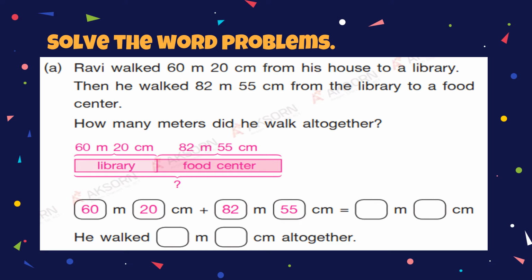We're going to add the centimeters first. The centimeters that we have is 75 centimeters. Now we're going to add the meters, which is 60 plus 82. So we have 142 meters and 75 centimeters.